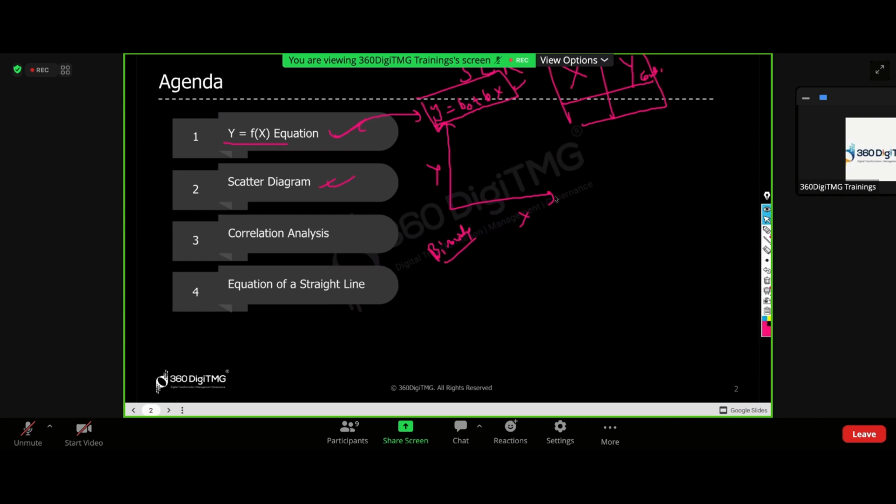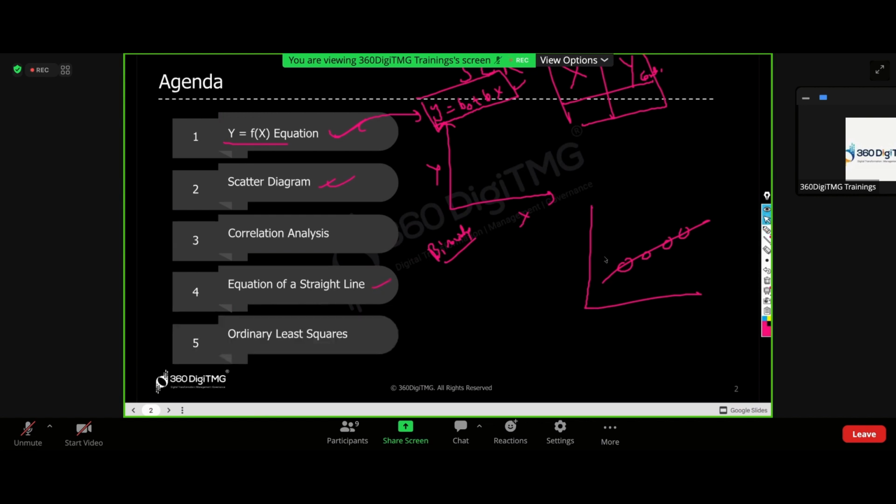Then the equation of a straight line. Now this is very important. I want data to be on the straight line. That is called the equation of a straight line. Then there is a method called OLS, which stands for ordinary least squares.